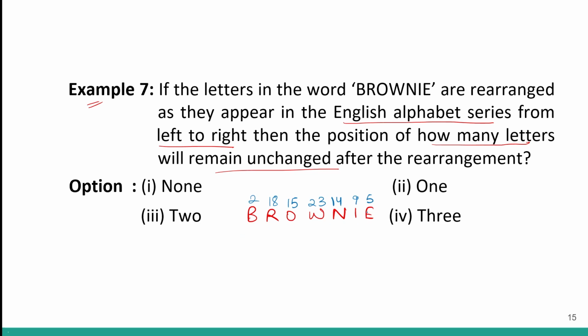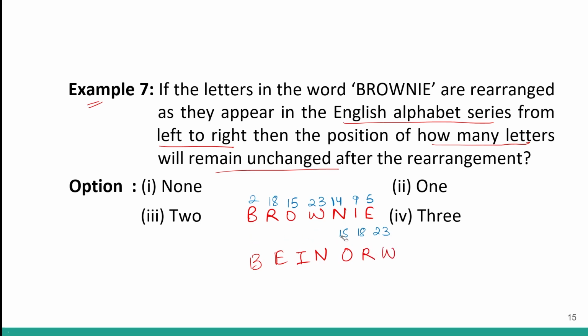So if I have to arrange them in alphabetical order, that means 2, then 5, then 9, then 14, 15, 18, and 23, which is B, then E, then I, then N, then O, then R, and then W, right?